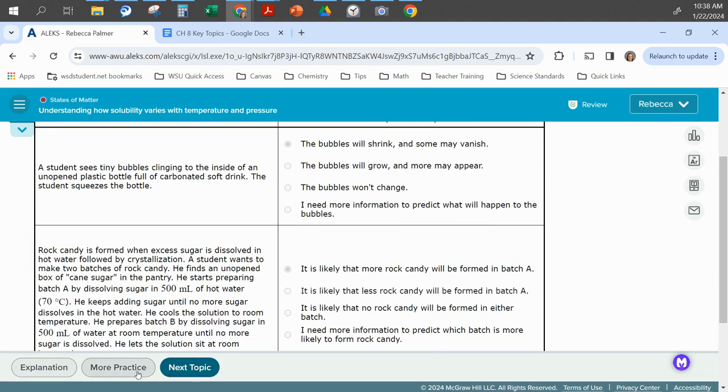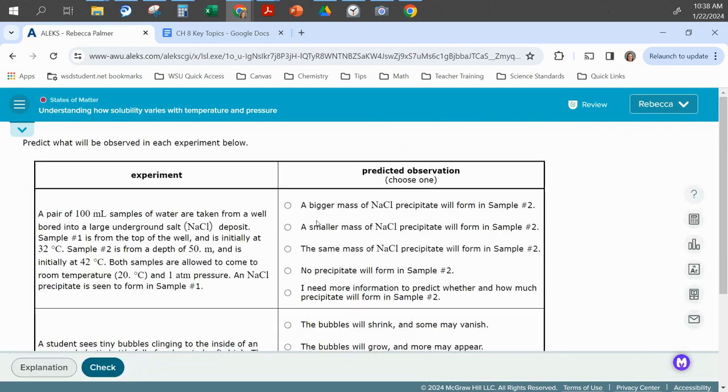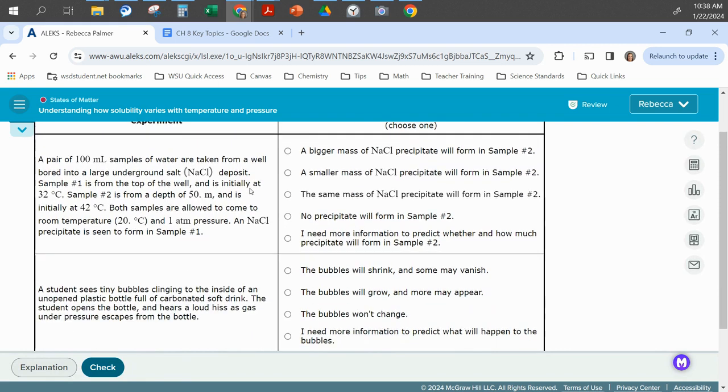Okay, let's do a few more of these because they're all a little bit different. All right. One of these is tricky. I can't remember. There's one that's the salt mine that's tricky, so we got to read them carefully. A pair of 100 milliliter samples of water are taken from a well, bored into a large underground salt deposit.